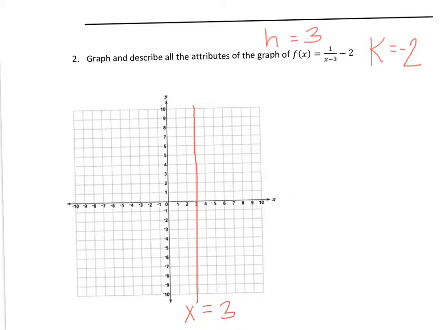Then k equals negative 2. That means the horizontal line has moved 2 units down, so now that is going to be right here. And you notice it intersects the y-axis, so that's going to be y equals negative 2.